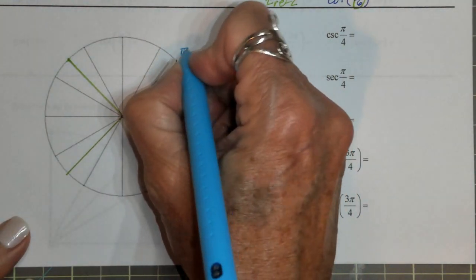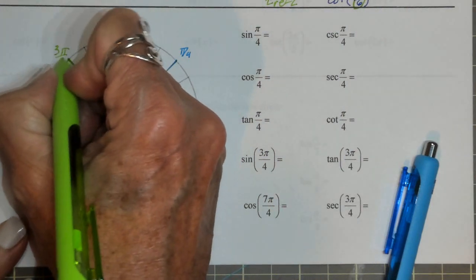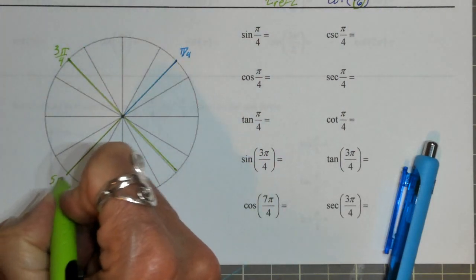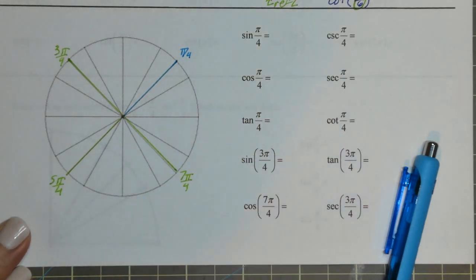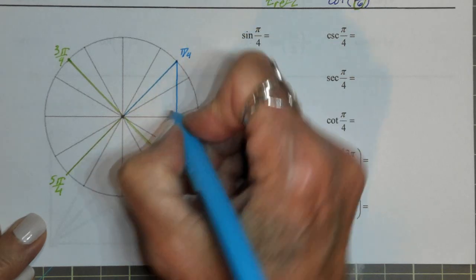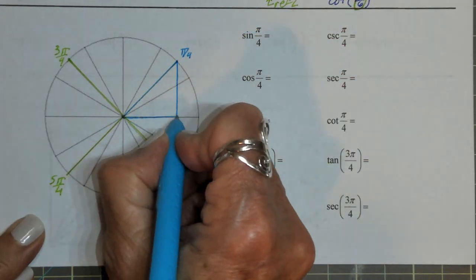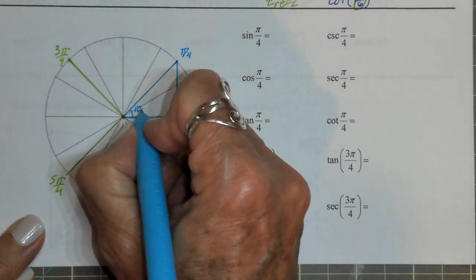Here's pi over 4. Here's 3 pi over 4. 5 pi over 4. 7 pi over 4. All right. Let me get this going down like that. Okay. So here's pi over 4 right there.